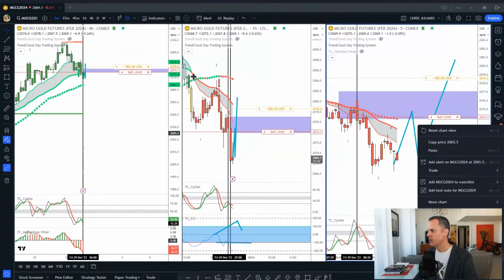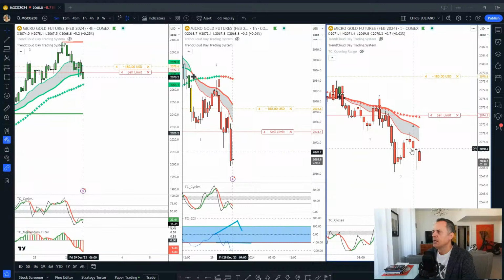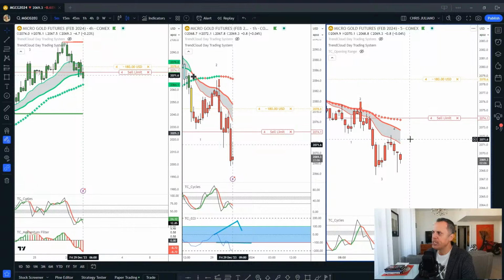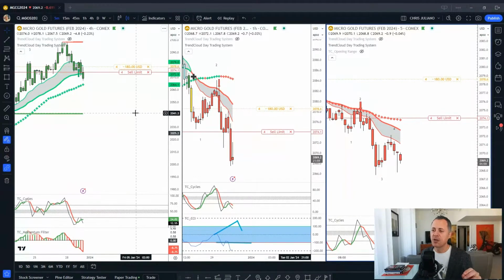So look at this thing, guys. So we're running away here. We never pulled back. So we didn't get our demand zone here, or our supply zone. But look what happened. It pulled back, hit the trend cloud, that 15-minute trend cloud, and made a move down. This is what I did on wheat yesterday. I took the trade on wheat right here at the trend cloud because the 1-hour chart and the higher time frame were all in my direction.